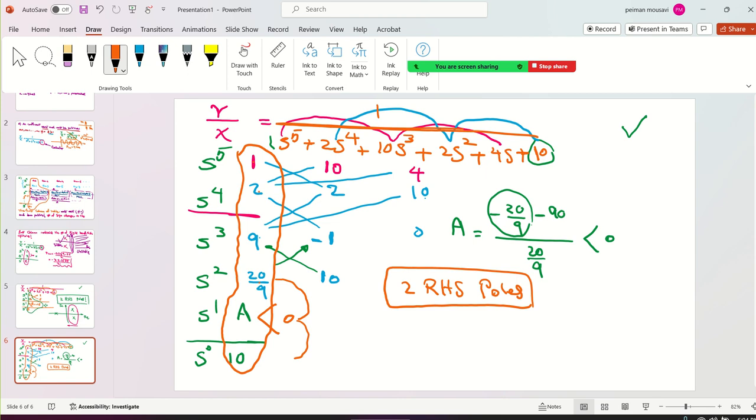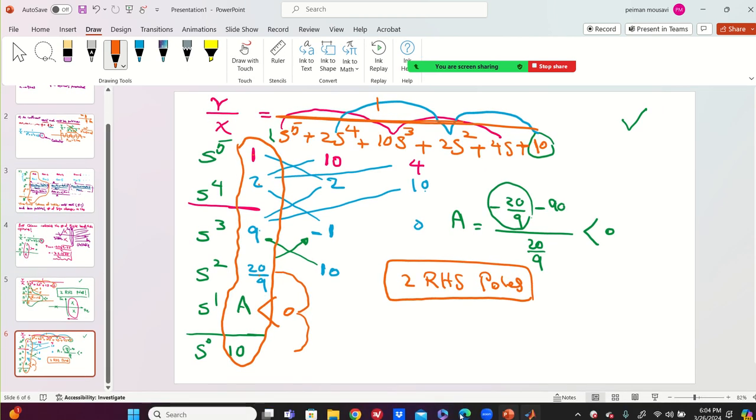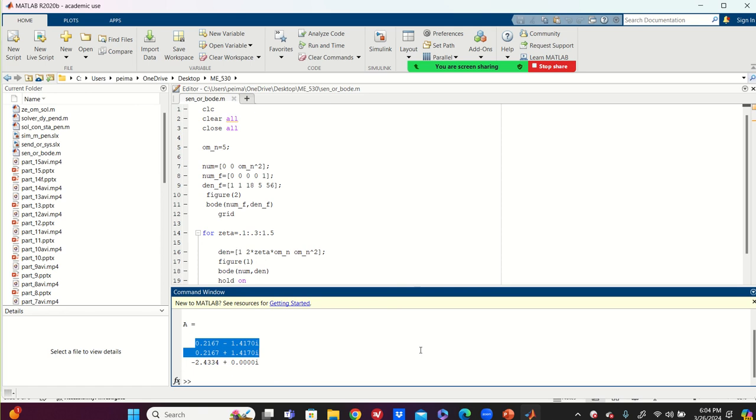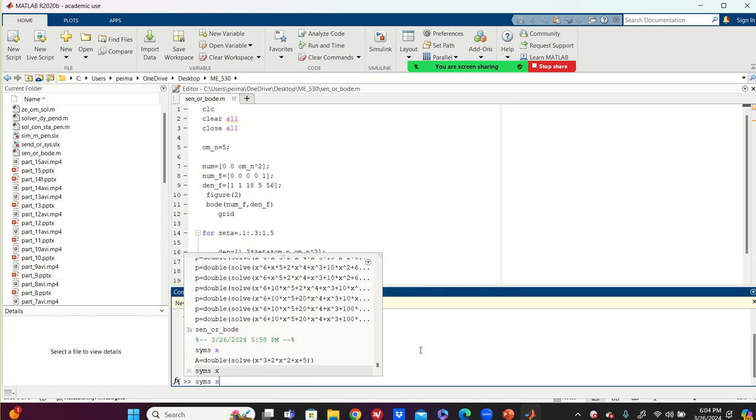Proof? Let me show you in MATLAB. So x is this.